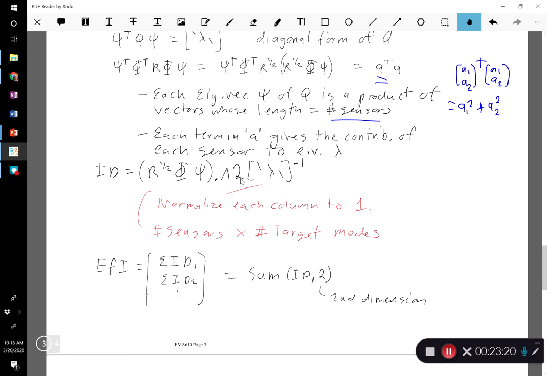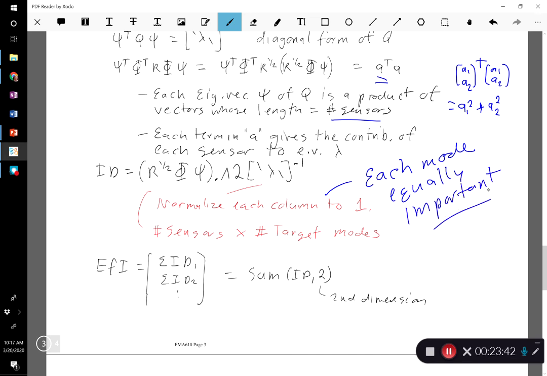And what that does is that kind of treats each column similarly, or basically treats each mode as if it has equal importance. And if for some reason you knew that one mode was more important than others, you could put some other weighting in there, but typically that's what we would do.